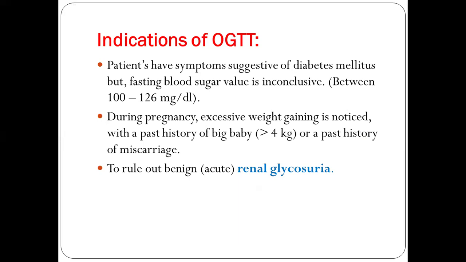That means the value is in between 100 to 126 mg per deciliter. If the fasting blood glucose is in between that, and the person is suggestive of diabetes but not confirmed, those patients have to undergo the oral glucose tolerance test.